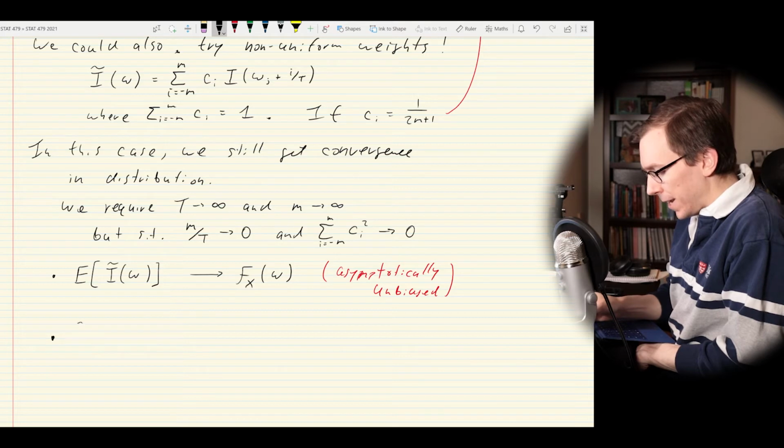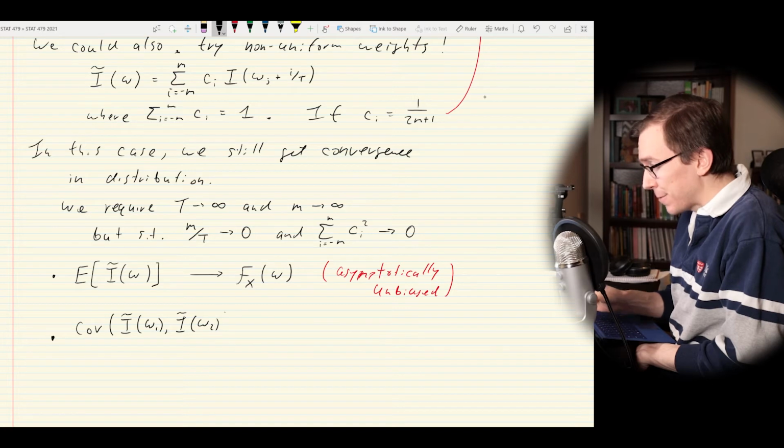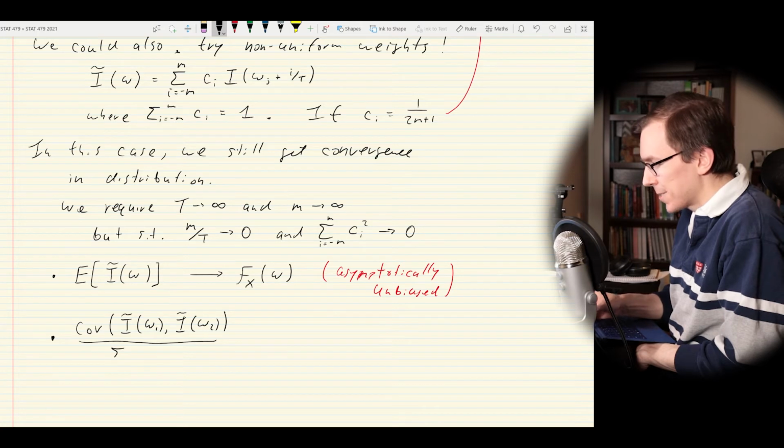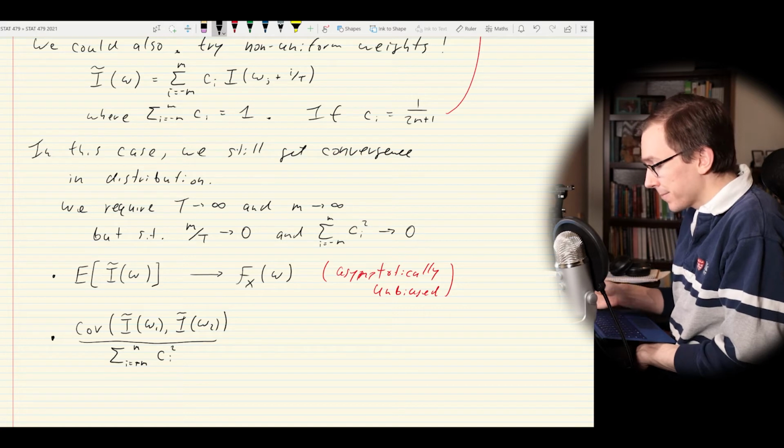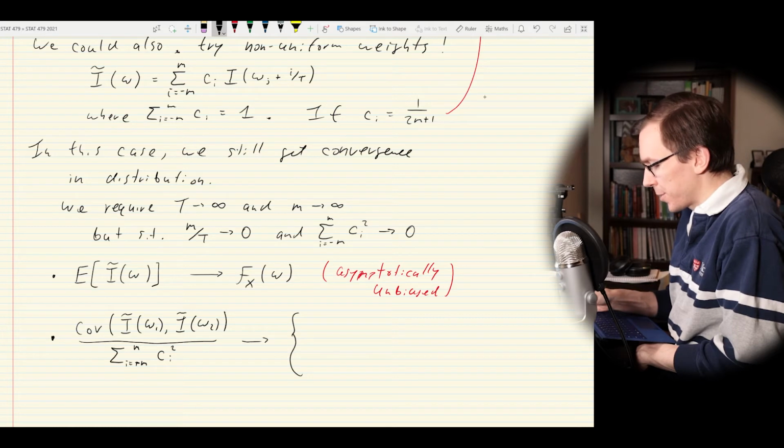Furthermore, if we look at the covariance of our I tilde omega 1 and I tilde omega 2, so we have two different frequencies and we compute their covariance and normalize this whole thing by the sum from minus m to plus m of ci squared, then in the limit, this is going to converge to 0 for omega 1 not equal to omega 2, which is good.